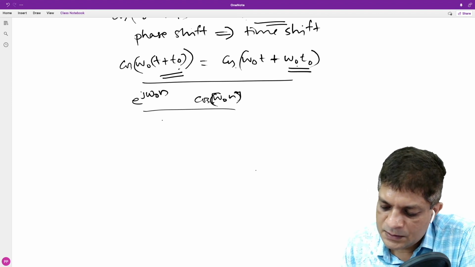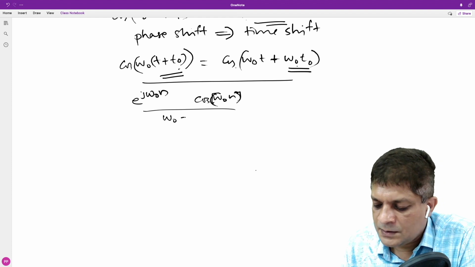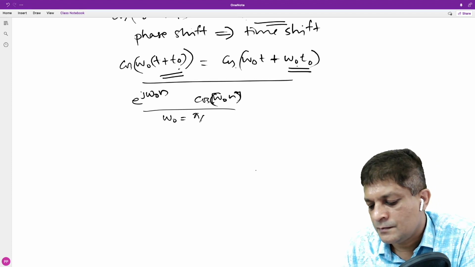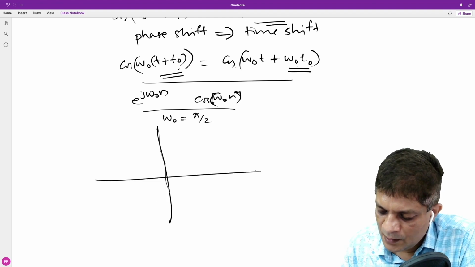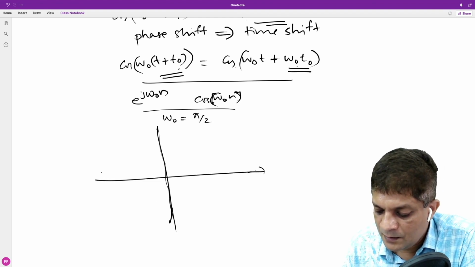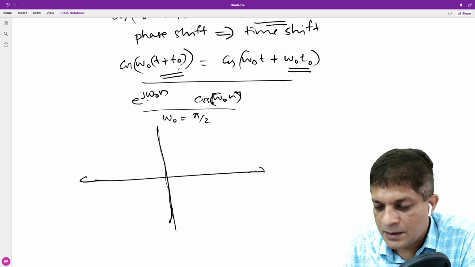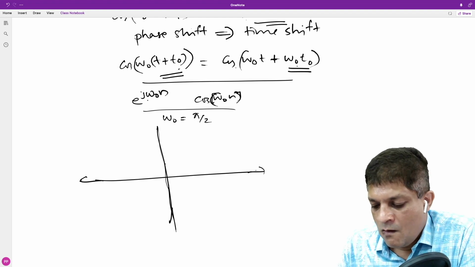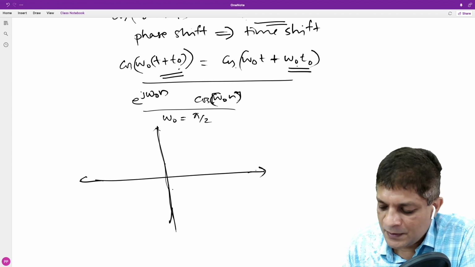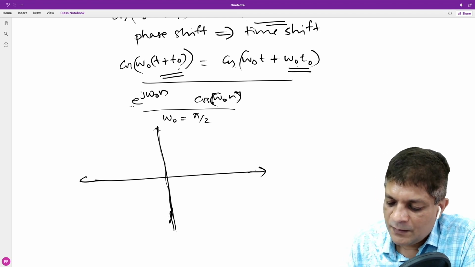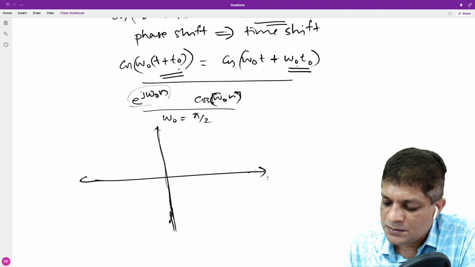Let us consider an example. Let's say omega naught is pi by 2. What is the unit of omega naught here? First, let us see what is the phasor representation of e to the power j omega naught n.